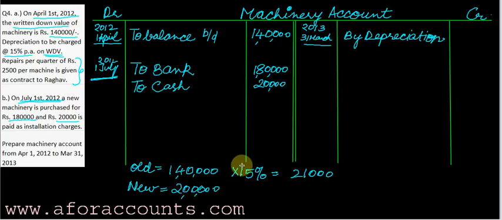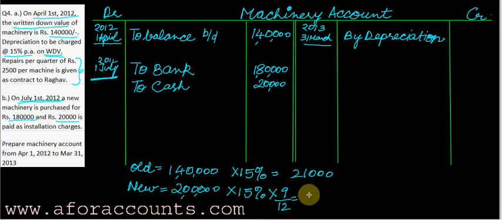See, on sales, we see whether it is sold within the first half or the second half, and accordingly we will do either full or half, that is 6 by 12. But when we purchase, we go according to the months or days, whatever is suitable. So in the new machinery which is purchased, I have depreciation rate as 15%. And it has been with me for 9 months till 31st March, so 9 by 12.